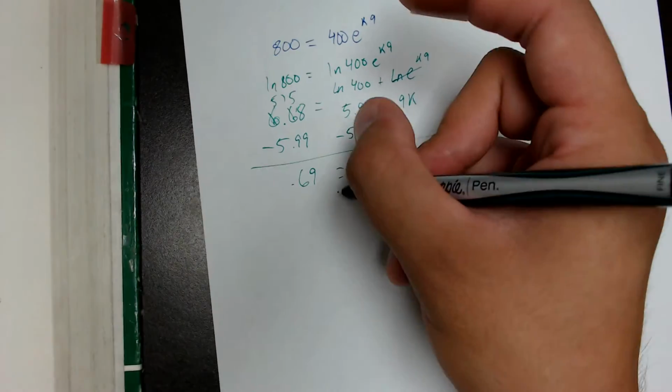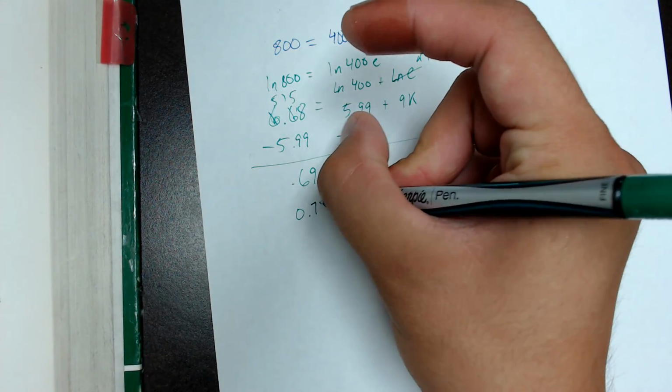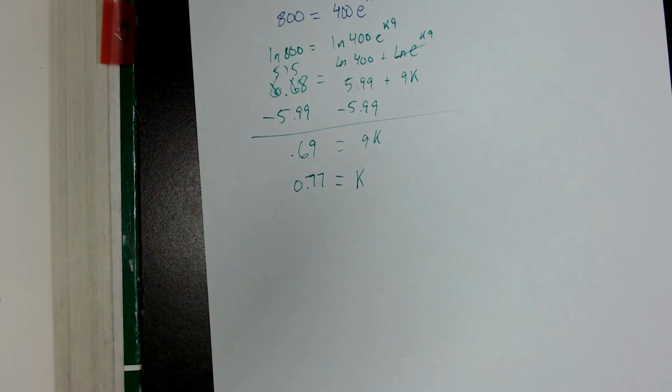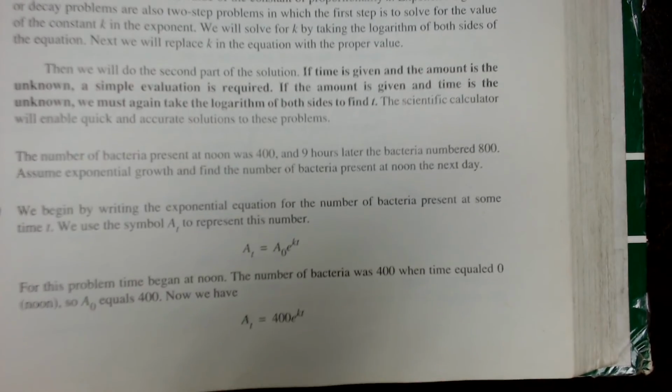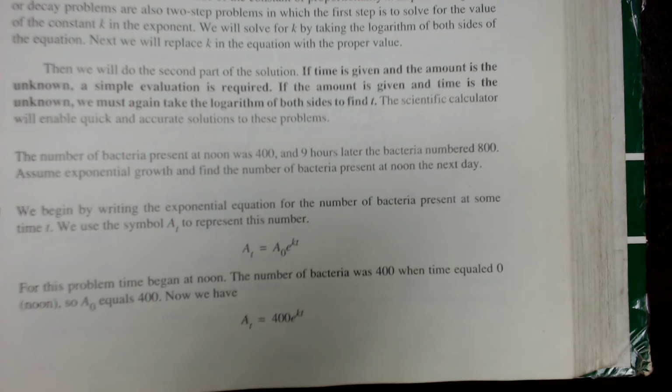All right. Now, remember, my k, or my constant, is equal to 0.77. I am not done with the problem, because if we go back to the original problem, which I know was like a whole 4 minutes ago, they want us to find the number of bacteria present at noon the next day.